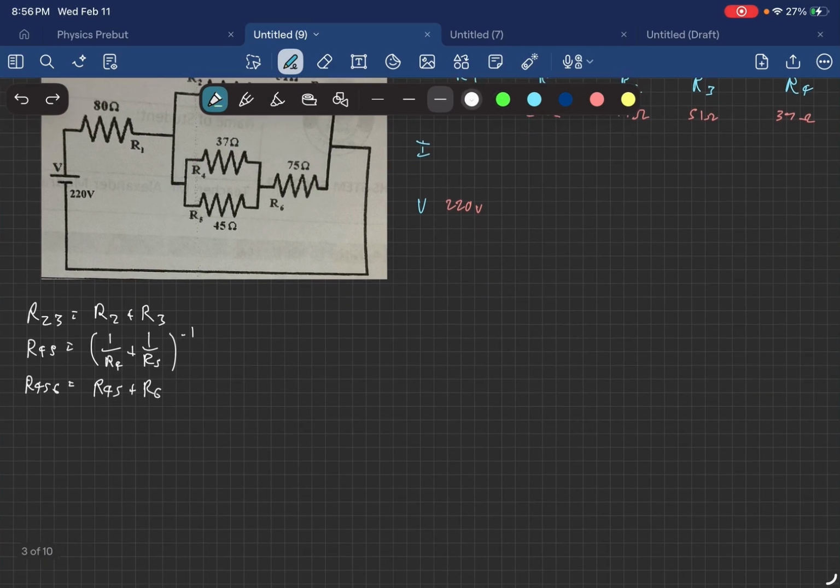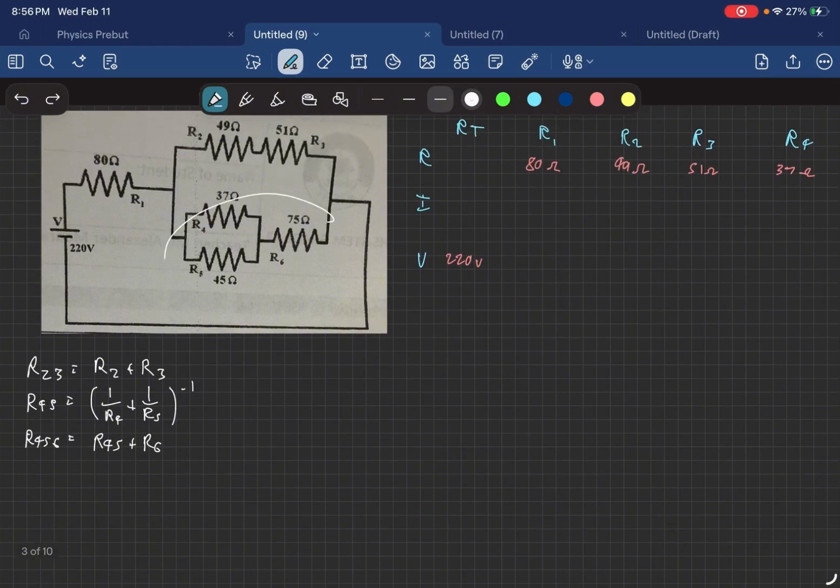Then this whole thing, R456, is in parallel with R23. Remember, it's in parallel because you go here, and that isn't the direct connection, because it can go here and it can go here. You can mark the parallel nodes like this. If you see it like that, it's parallel.